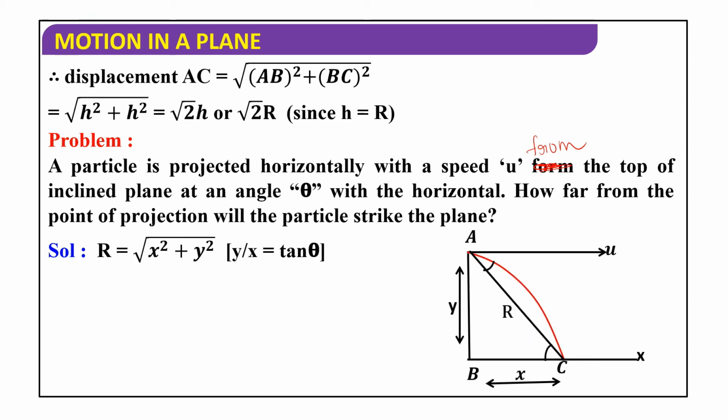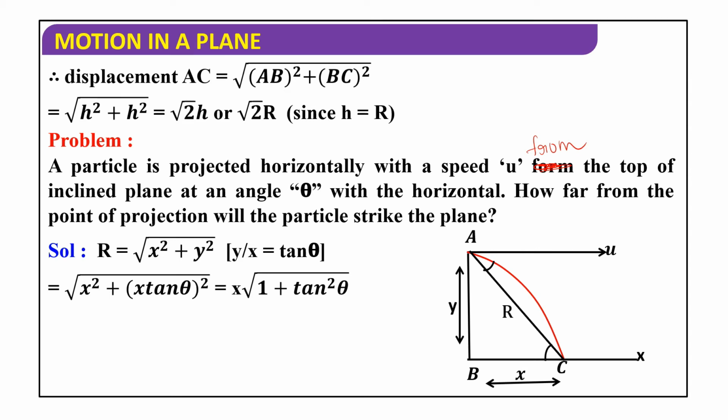Now see this figure, particle A is projected horizontally with the speed u from the top of an incline at angle theta with the horizontal. Now we have to calculate the distance, how far from the point of projection the particle will strike the plane. So the square root of x square plus y square, with y being x tan theta.